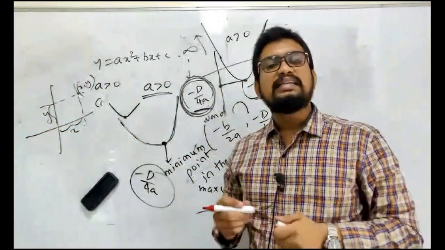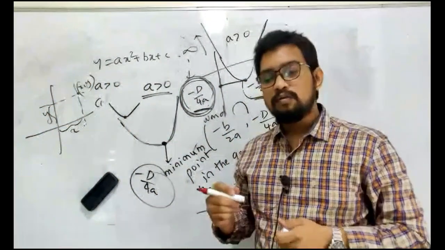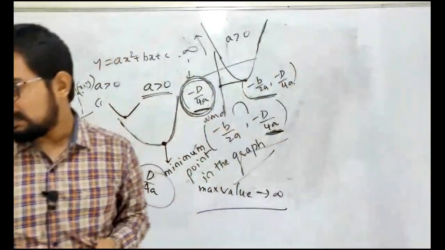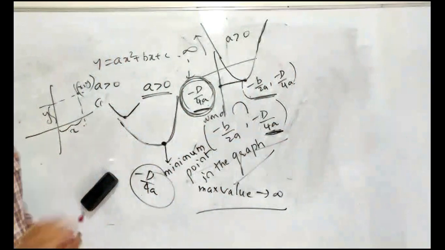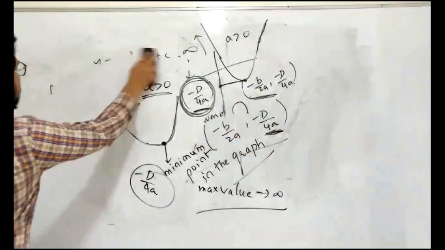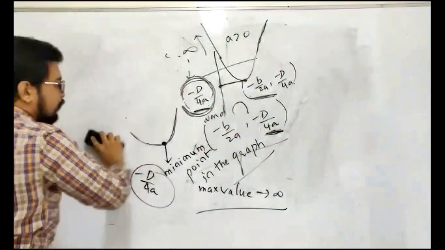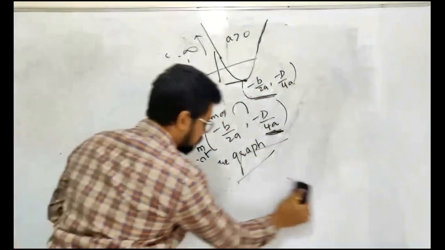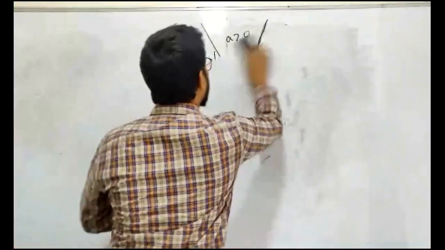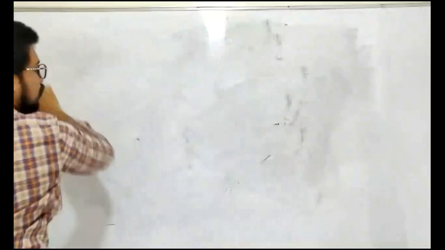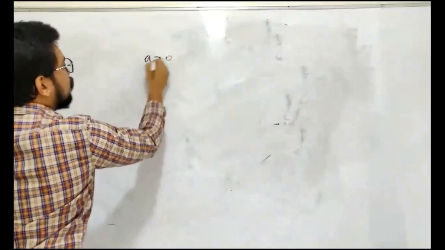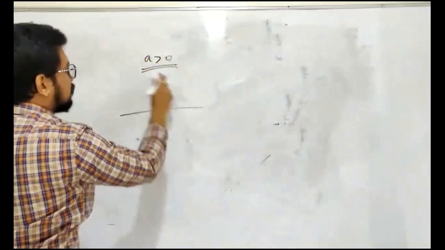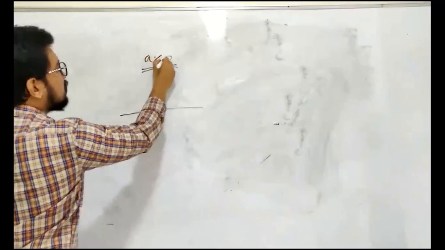For a less than 0, the vertex is the maximum most point.